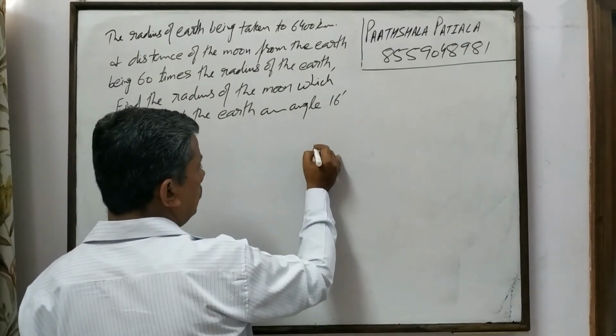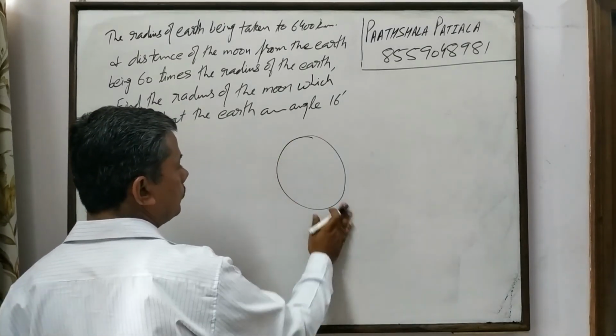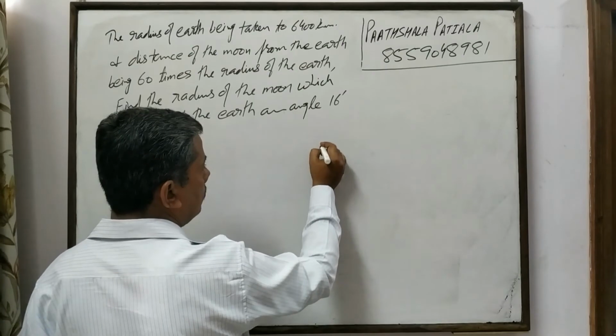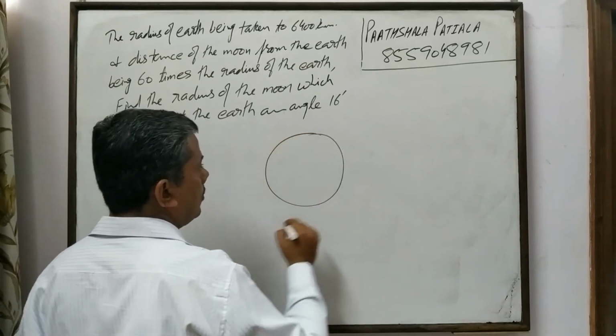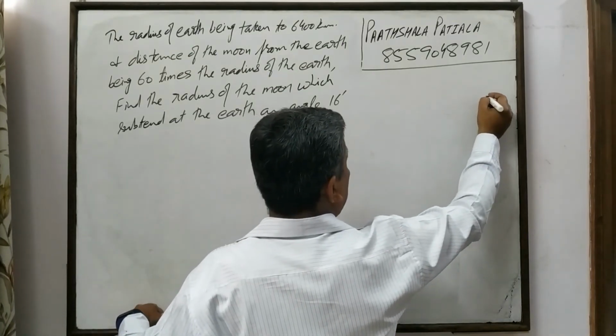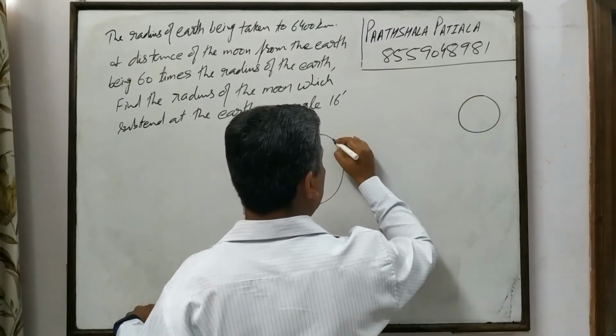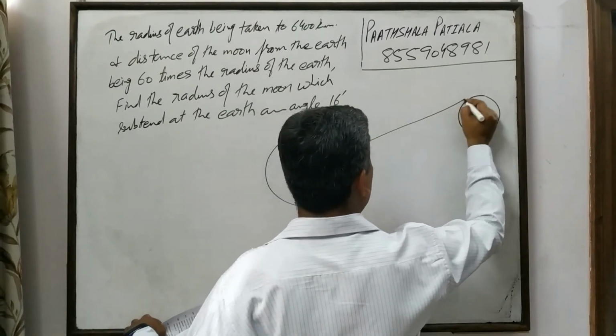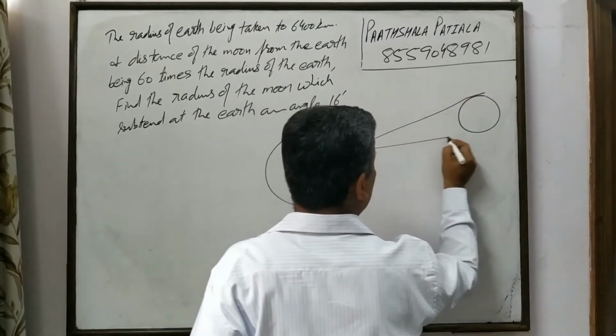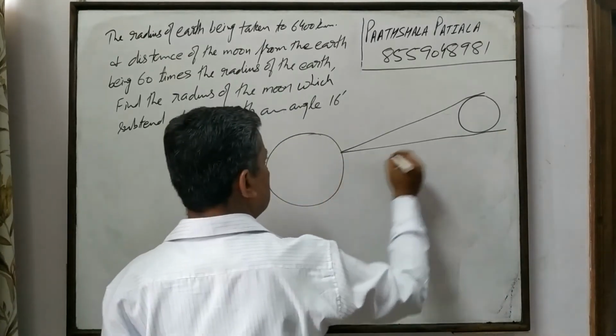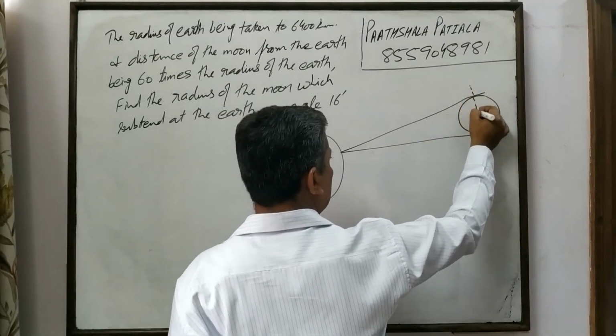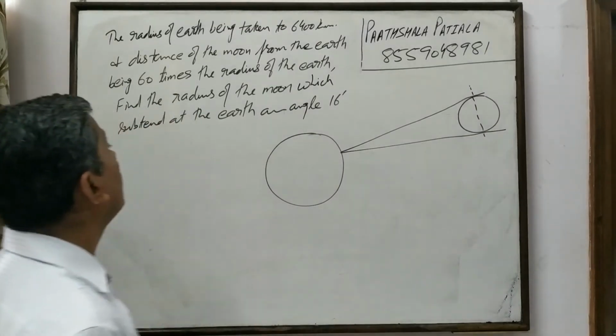So you have earth over here, and this is the moon. Now from the surface of earth, the distance of the moon is how much?